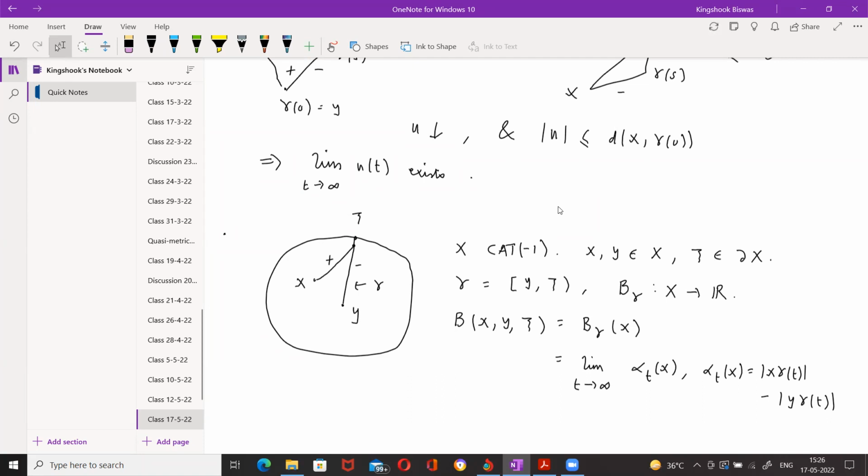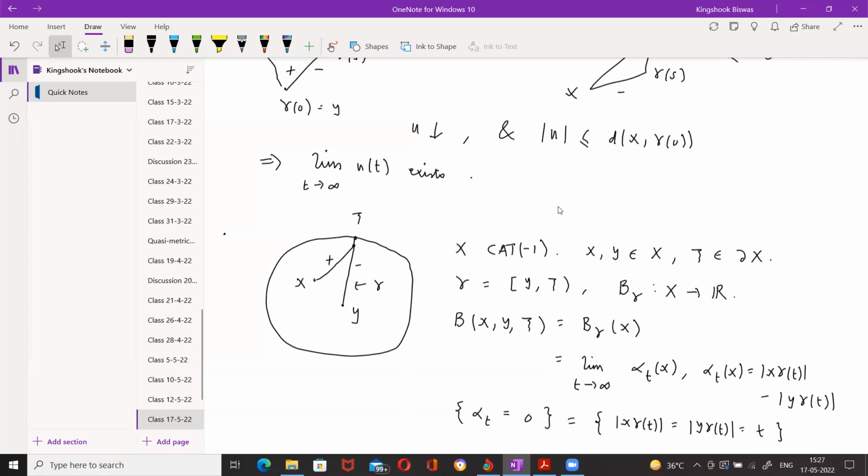Now, what is the level set alpha t equal to, say, 0? This is the set where the distance from x to gamma t is equal to the distance from y to gamma t, which is equal to t.